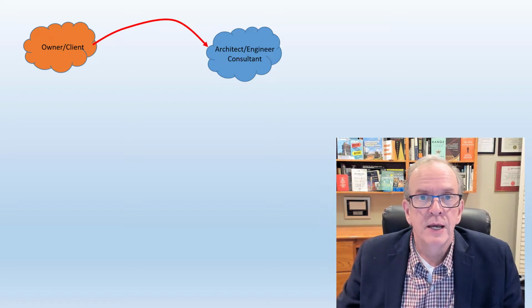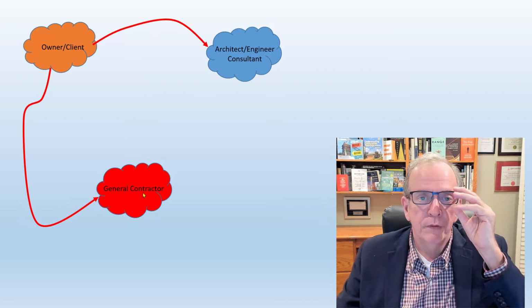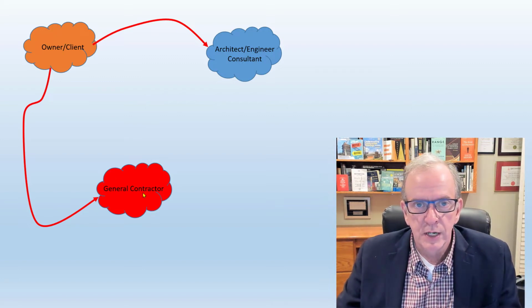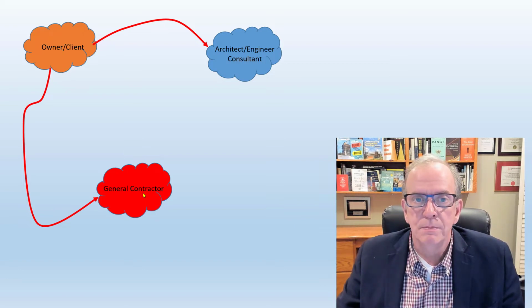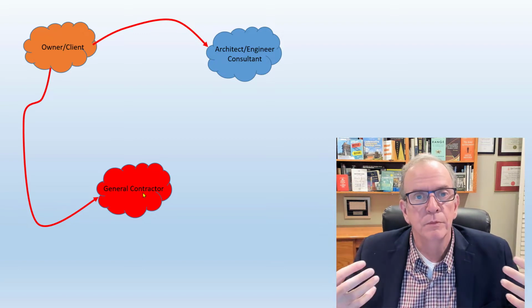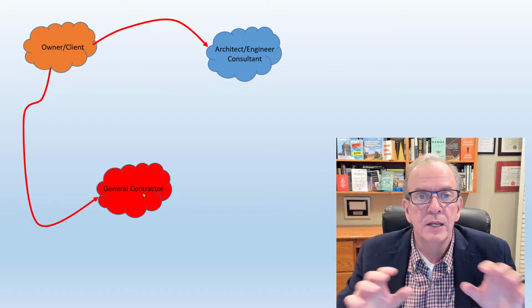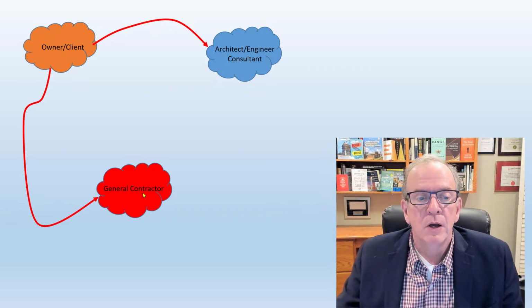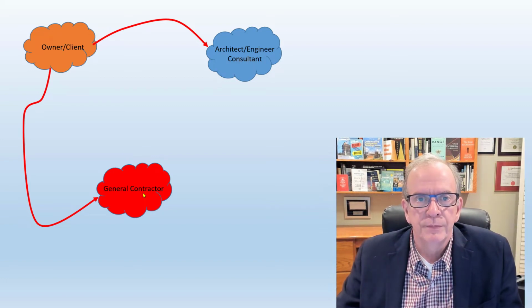Through that process, there will be a contractor that will be selected. We often call them the general contractor. It might not be that name if it was a construction management contract. Basically, you're hiring a construction management firm to oversee the work that is being done and contracting with the various subcontractors. But we'll go with a lump sum contract. We're going to traditionally hire a general contractor.